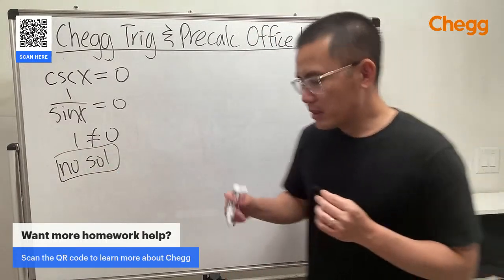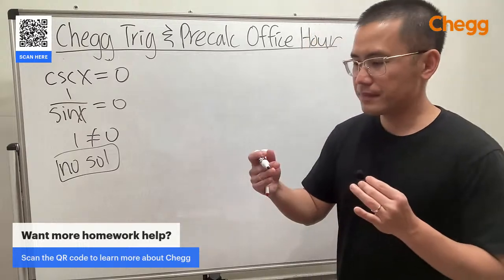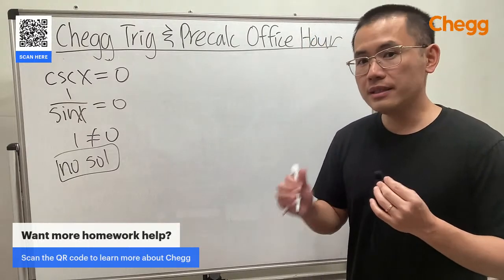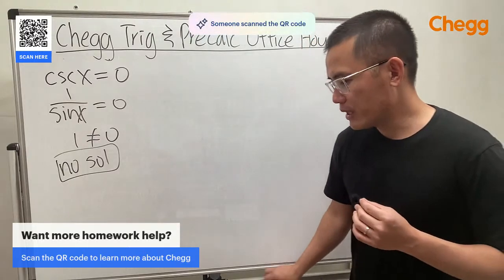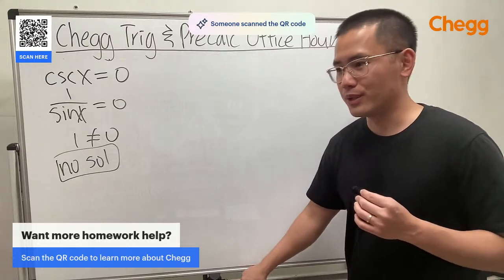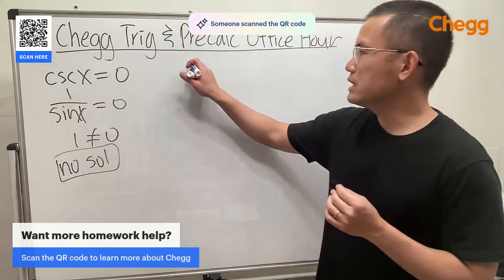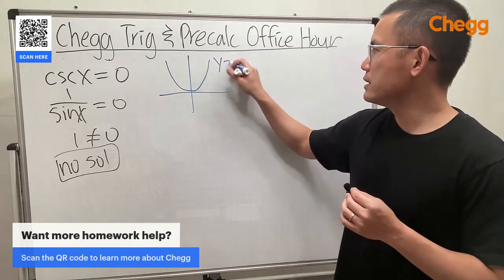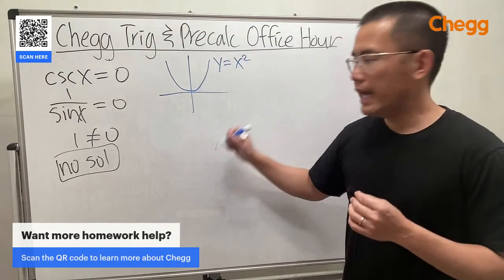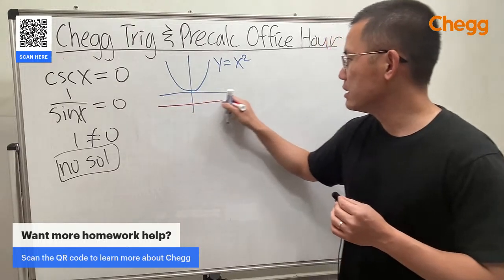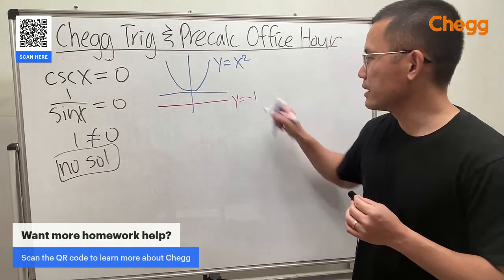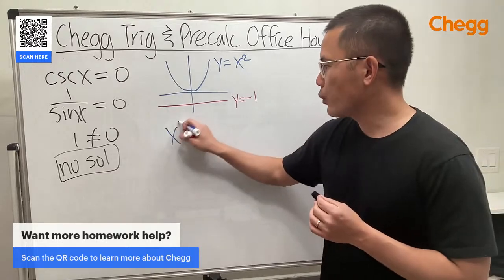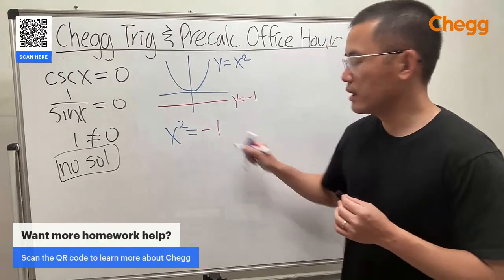But remember earlier I gave you guys the graph argument. It's tricky though. Sometimes if you want to get really mathematical or technical, you have to be careful. Because if you look at the graph for x squared, which looks like this, y is equal to x squared. And if you look at this right here, y is equal to -1. Can x squared be equal to -1?